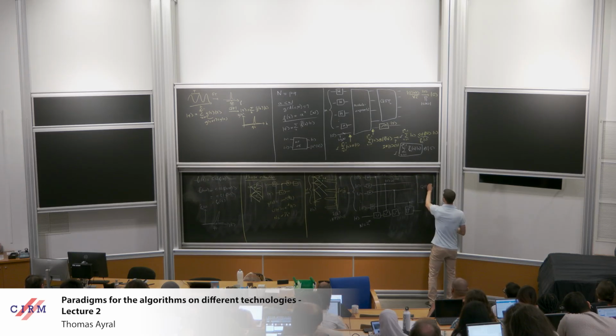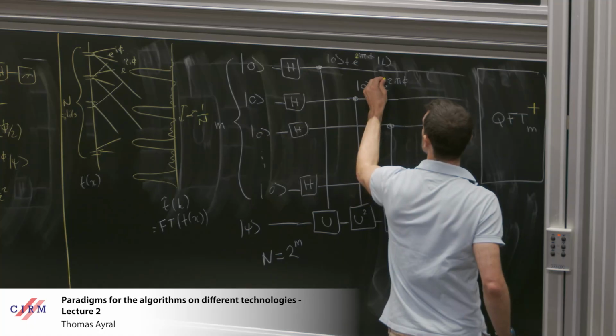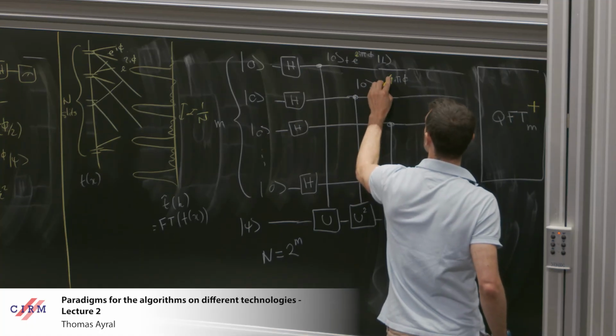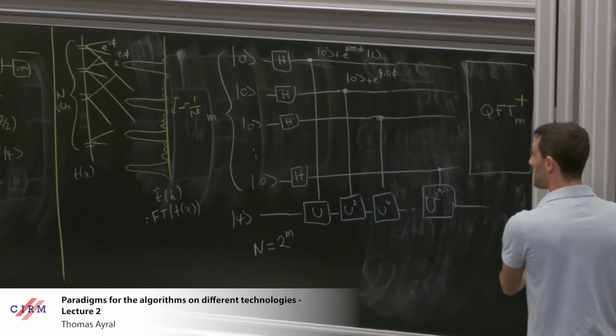So here this is QFT dagger, and there was 2i pi, so 4i pi here, so on and so forth. All right? Okay, so now back.